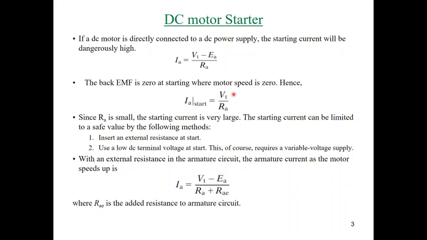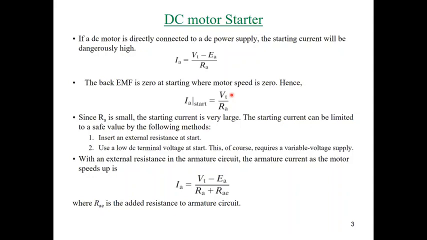So we have two different methods: either decreasing voltage or increasing resistance. This is numerically. How can we physically decrease the voltage? Using a chopper, for example. So we can start with reduced voltage using a chopper. Okay, so this is one solution.